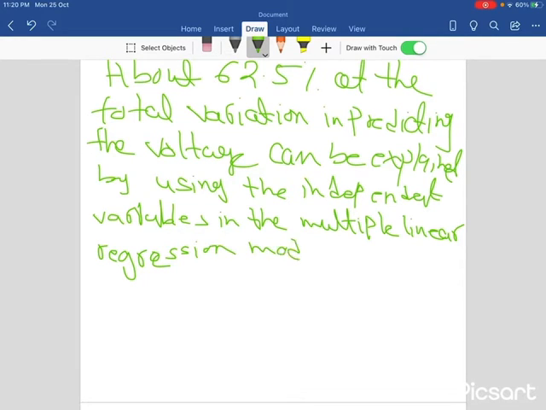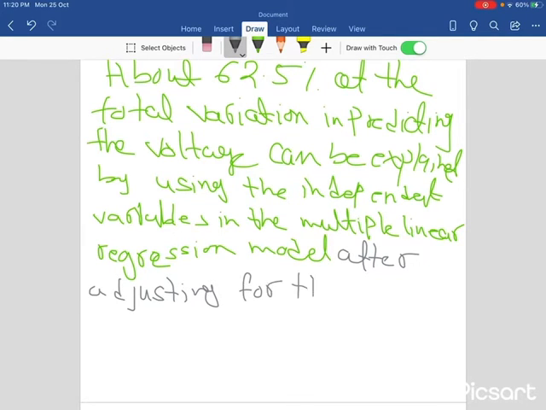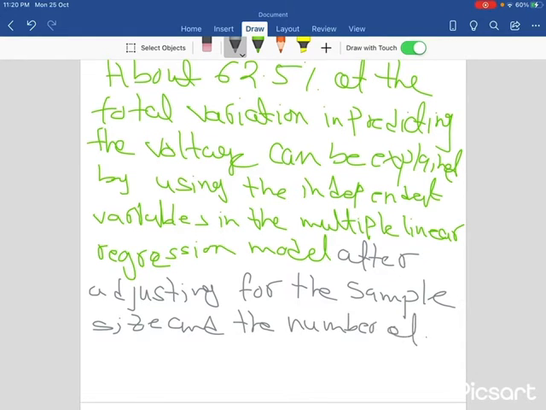Model. So from here, very important, you write after adjusting for the sample size and the number of parameters.